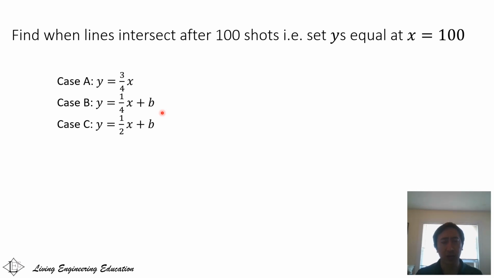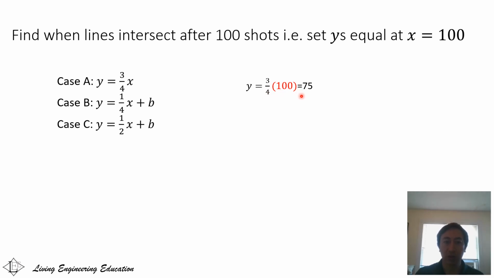So the first thing we have to do is determine after 100 shots what team A's value is, or you could solve it like we did in the previous one. However you set that up is fine. So I know exactly at x equals 100 is when I want these lines to intersect, so I can plug in 100 here. So 3/4 times 100 is 75 points.